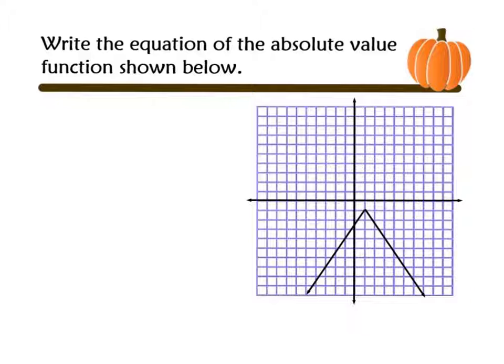So on your paper right now, I want you to look at the vertex. Look at that vertex and describe, write down, up, down, left, and right, how it's moved from the vertex. You have about 10 seconds to go ahead and write that down. Okay, so I can see it moved to the right 1 unit, and it moved down 1 unit.